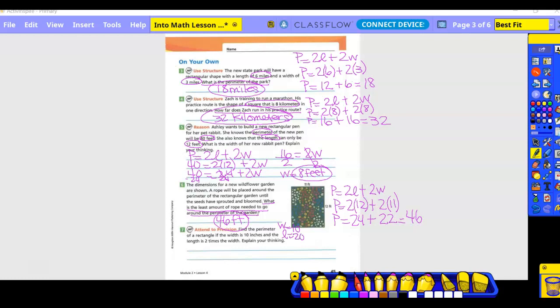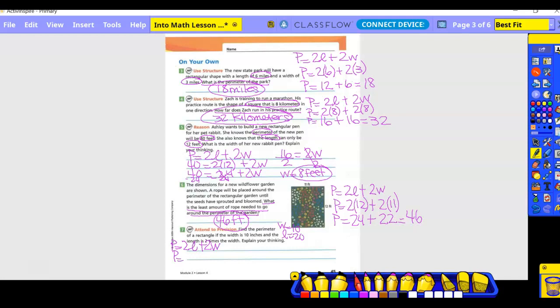Okay, so we're going to put in our formula. What's our formula? P equals 2L plus 2W.